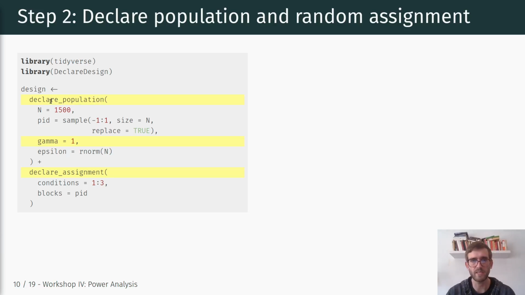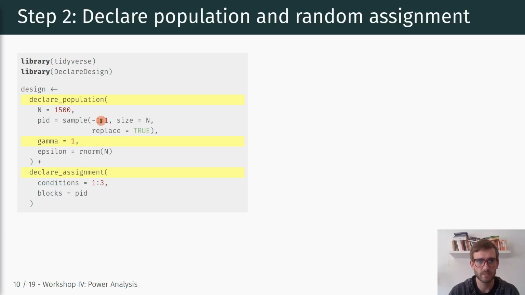There are a couple of basic features that we can set up here. We will set the sample size to 1500 as we talked about, and then we have one pre-treatment covariate, which is party identification, and we have one random assignment, which we're going to declare in a second. The first thing is to set the pre-treatment covariate as an exogenous factor.